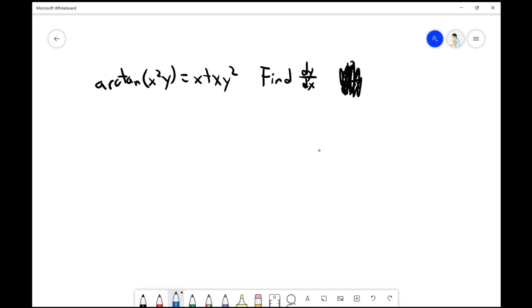First, keep in mind that the derivative of arctan of x is 1 over 1 plus x squared. So when you're doing this one, you keep in mind that you have the 1 over 1 plus the quantity x squared y, squared.